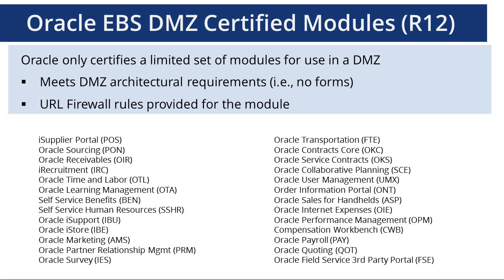And a lot of people kind of say, oh, no, let's open up anyways. We need to for some reason. Well, Oracle spent a significant amount of effort to make sure these applications were secured properly and have additional controls around them to be opened up to the internet. So if you're running a module on the internet that's not on this list, that's a problem, and that's a potential security risk.